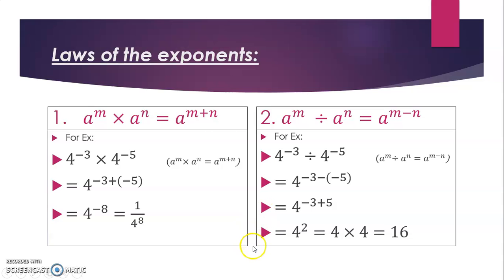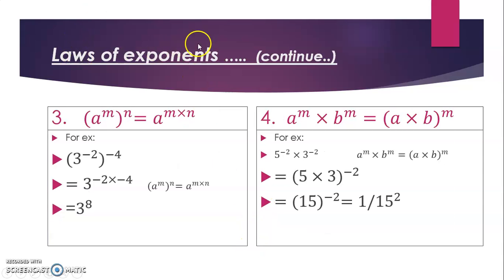Okay, see some other laws of exponents. The other law is a raised to the power m, all raised to the power n. Here the inner index is m and the outer index is n. Exponents are also called powers or index.